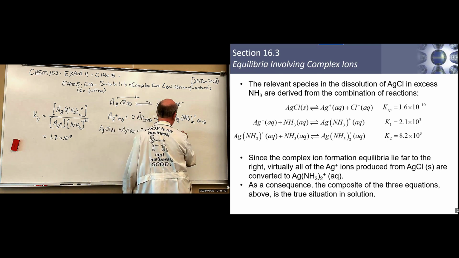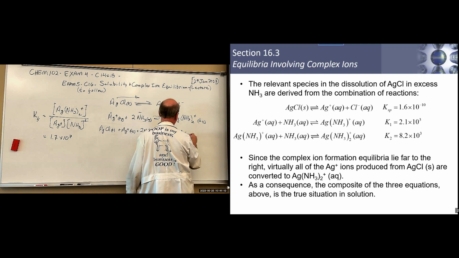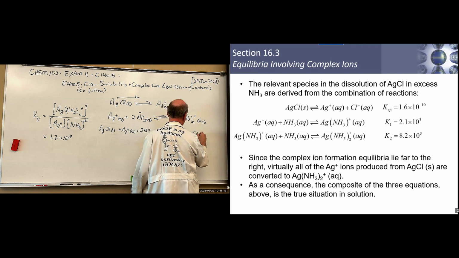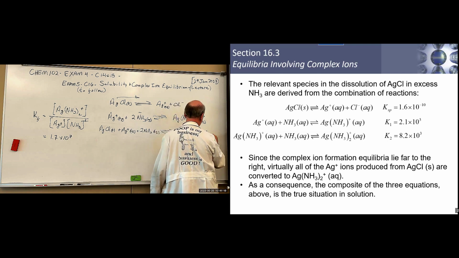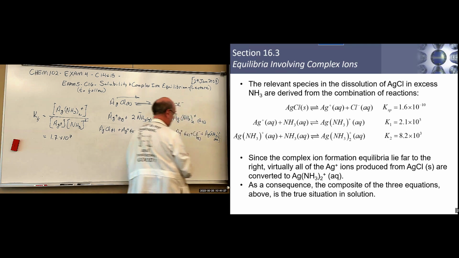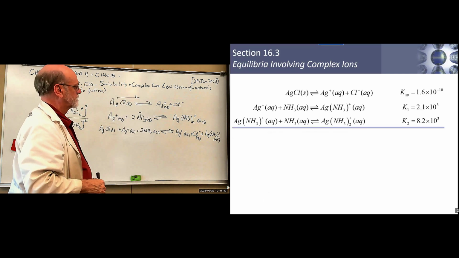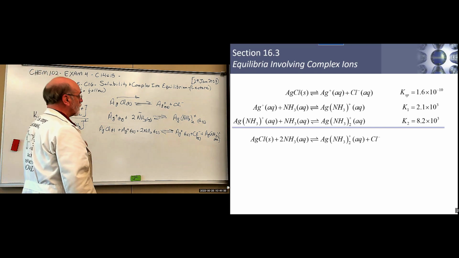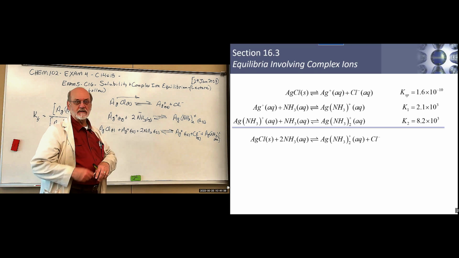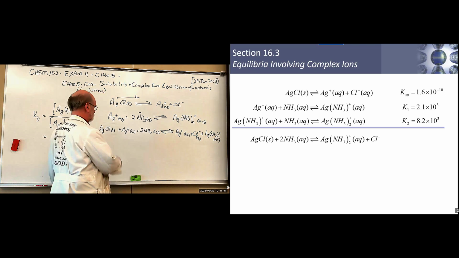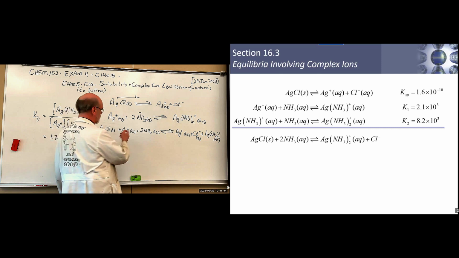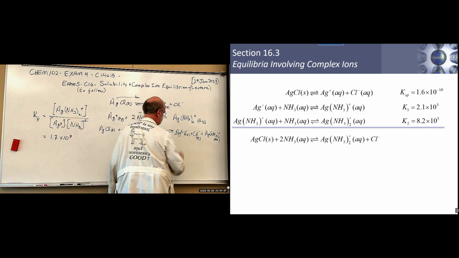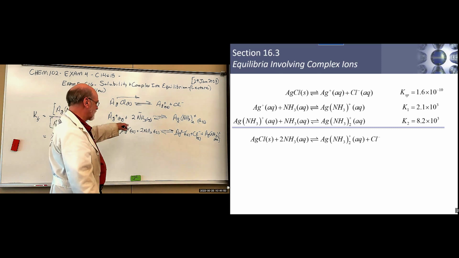And then we've got silver on this side and chloride and the complex ion, aqueous. Okay. Let's see if I got a slide. Yeah, there we go. So what we've done here is get rid of the spectators. Get rid of this one because it's the same on both sides. So that's the reality, that expression right there.